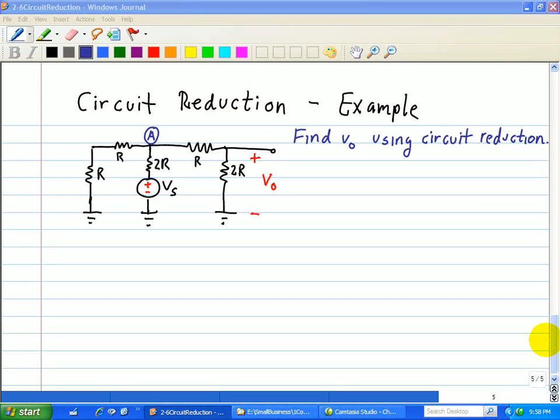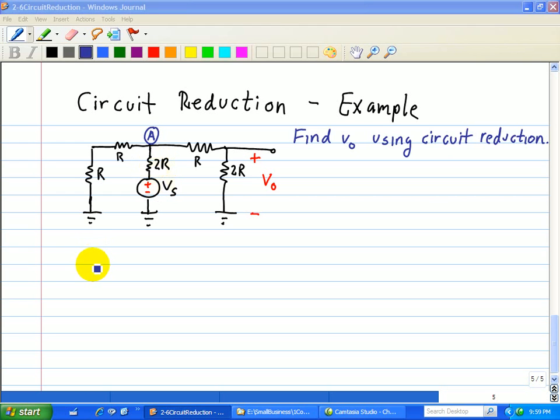Okay, here's another example where we're going to illustrate the concept of circuit reduction, in which we want to find the VO shown here using circuit reduction. First we note that R and R is equal to 2R, so we can replace that combination, and we'll convert this Vs in series with this 2R into a current source.